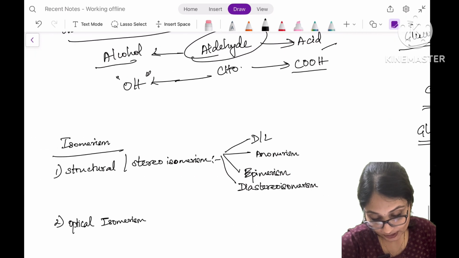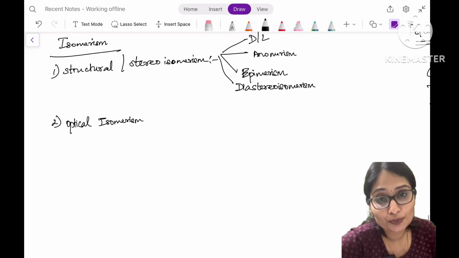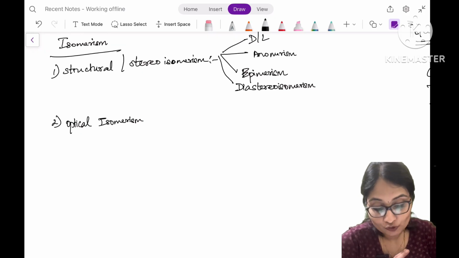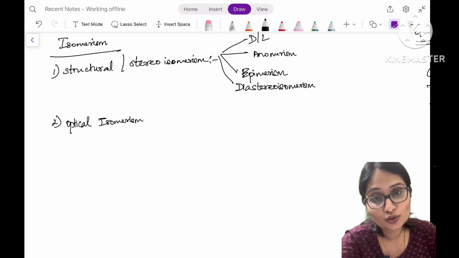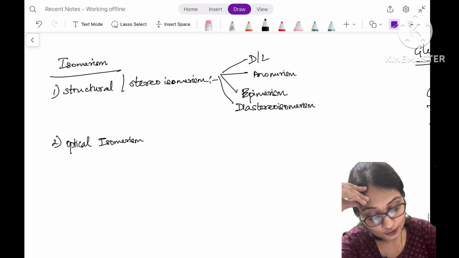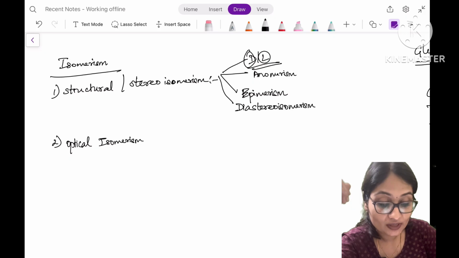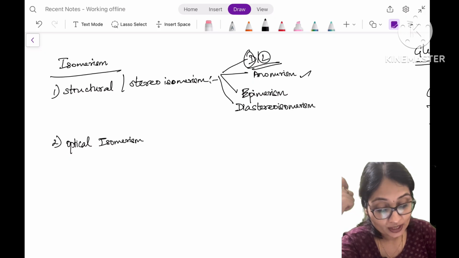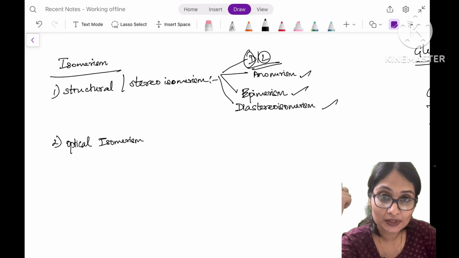Now with these concepts, let's move on to the most interesting topic, which is isomerism. Under isomerism, we have two major topics to discuss. One is structural isomerism or stereoisomerism, which is divided into four: D and L isomerism, remember, capital D and capital L, then anomerism, then epimerism and diastereoisomerism.